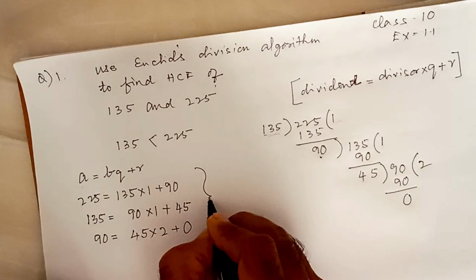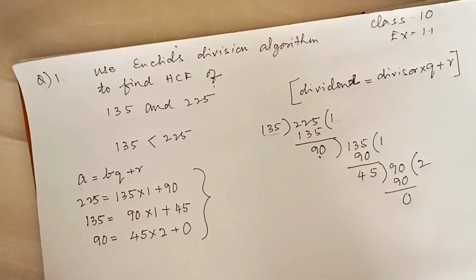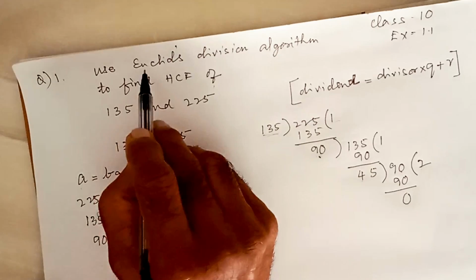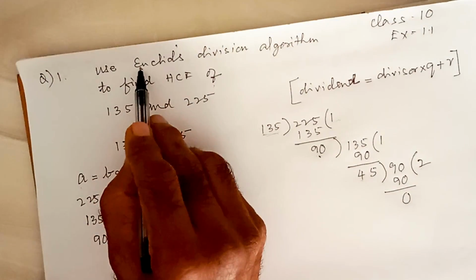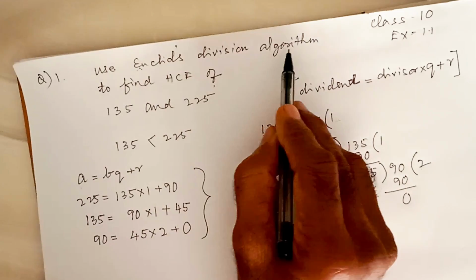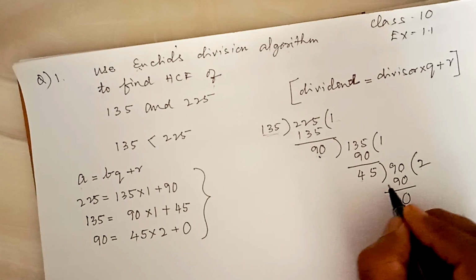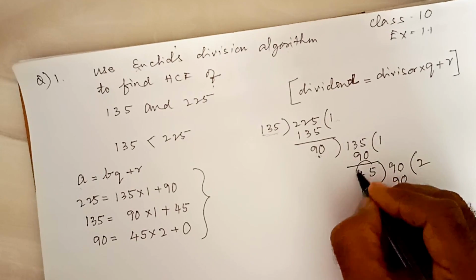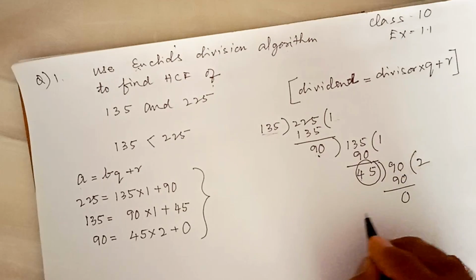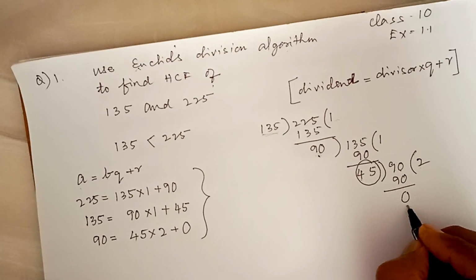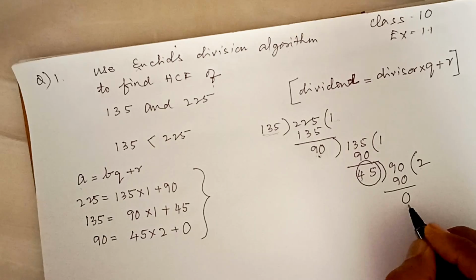These are the steps you have to write down to prove that you are going to get the HCF by this Euclid's division algorithm. As you got 45 as the HCF, this is the HCF because the remainder is 0. You have to do this step by step till you get 0.